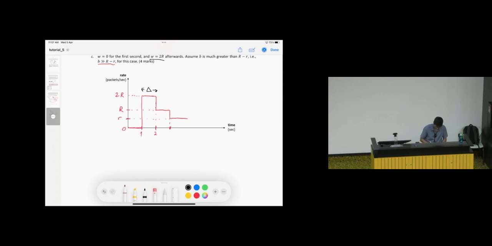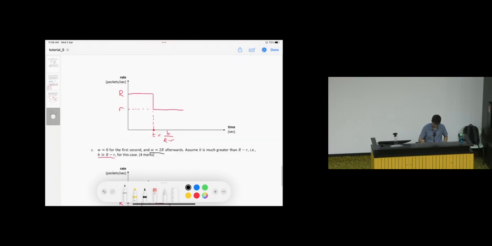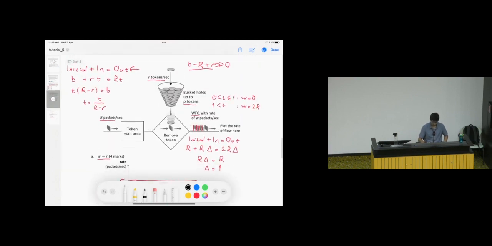And I need to calculate the time it happens. Let's say this is delta 2, and I want to calculate the length of this delta 2 duration. So let me erase some of this.